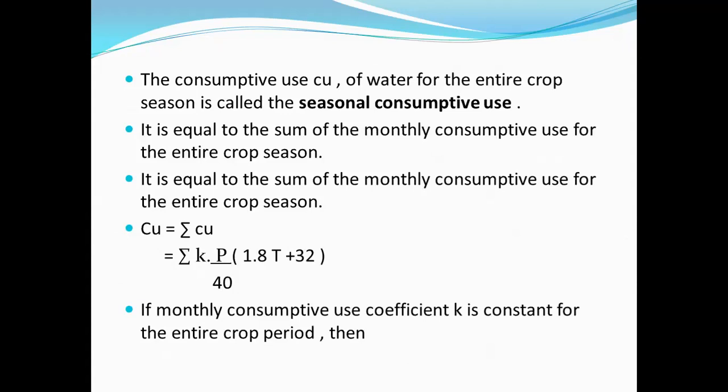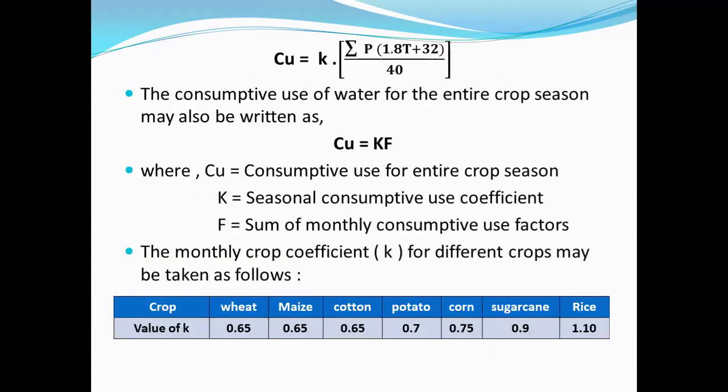If the monthly consumptive use coefficient K is a constant for the entire crop period, then Cu equals K times the summation of P multiplied by (1.8 T plus 32) divided by 40, as K can be taken out of the summation.